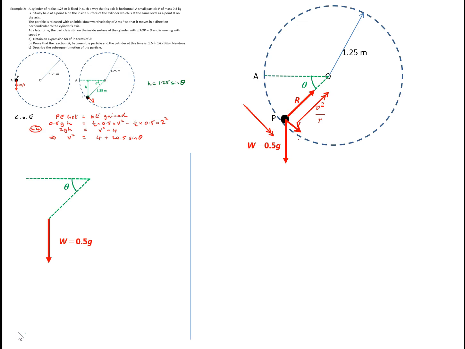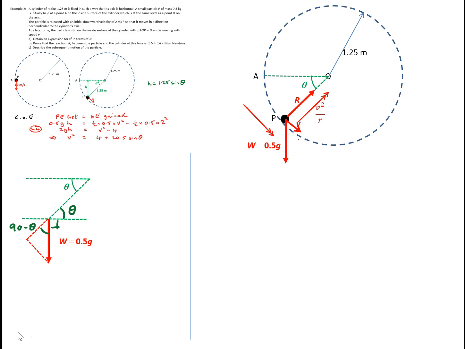First of all, we extend the radial line a little bit and form a right angle triangle with this radial line and the weight, and we put on a line parallel to the horizontal. Then alternate angles tells me this angle is theta. The right angle between the horizontal and the vertical tells me I've got 90 degrees there. So the angle between the weight and the extended radial line is going to be 90 minus theta, using angles on a straight line.